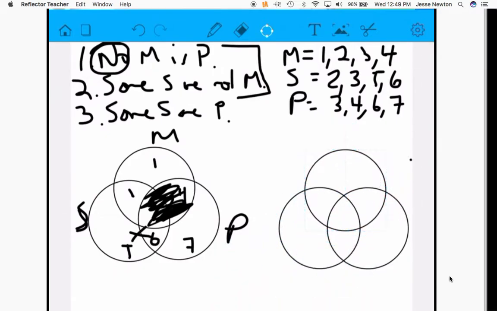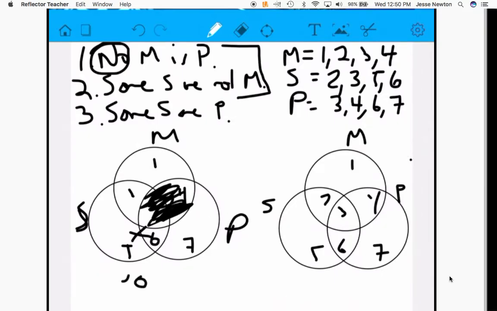All right. Progress. S, P, M, regions 1, 2, 3, 4, 5, 6, 7. This is our conclusion, some S are P. Now how do we show this?